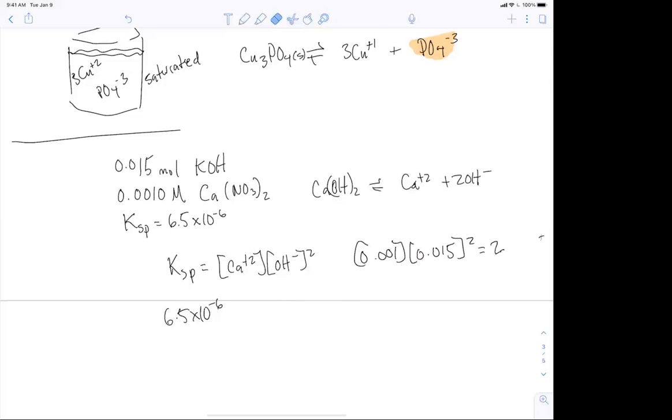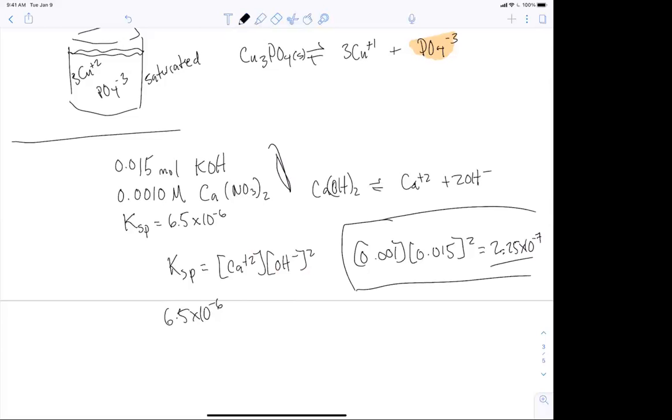Doesn't really matter. 2.25 times 10 to the minus 7. I guess it is units molar cubed, but this is the number that you get based on these concentrations you're given. But since that's less than the KSP, then you're fine. Nothing precipitates out.